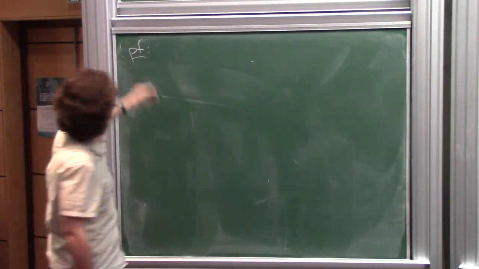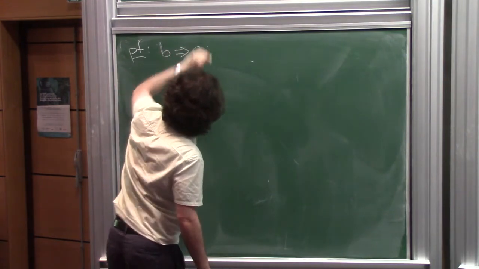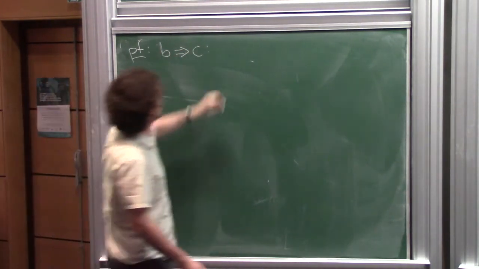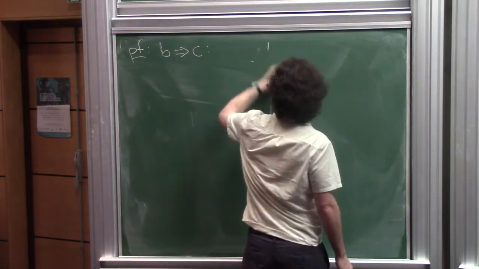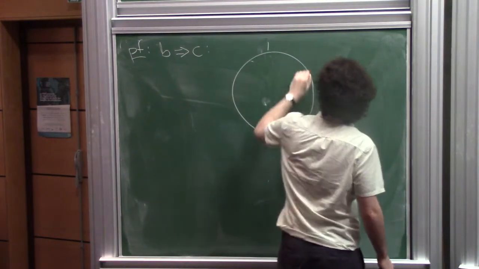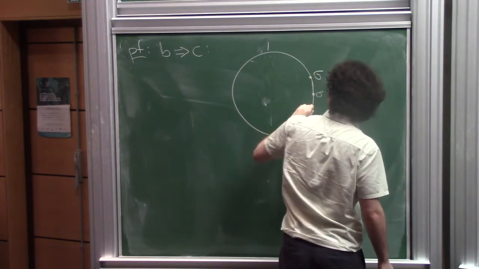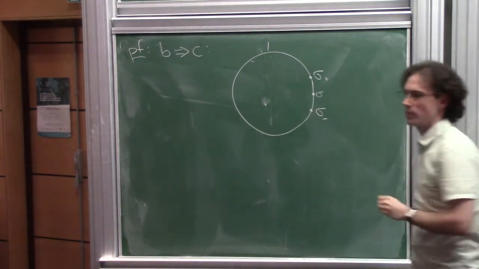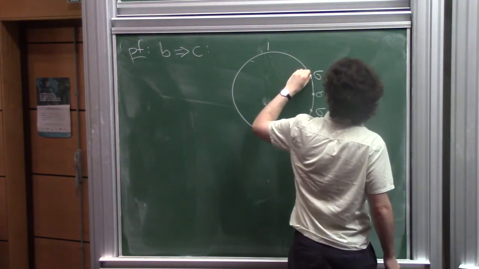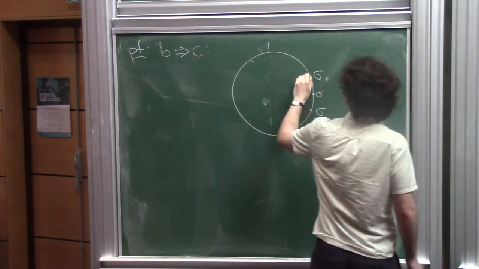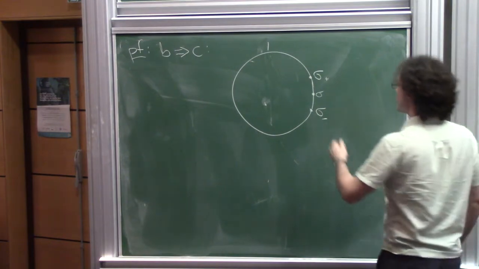So let's start with B implies C. So I have, let's draw it this way. We have sigma, we have sigma plus, we have sigma minus. So now I have some contactomorphism which sends sigma plus to sigma minus and vice versa.